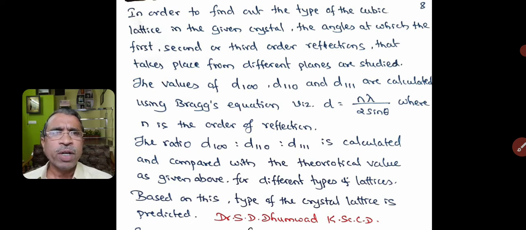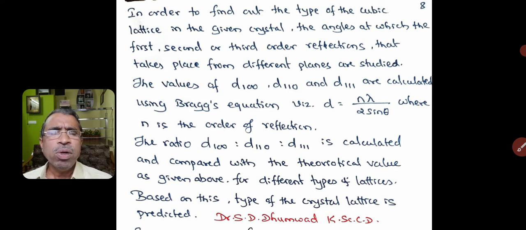The values of D100, D110 and D111 are calculated using Bragg's equation, that is, d is equal to n lambda divided by 2 sine theta, where n is the order of reflection.